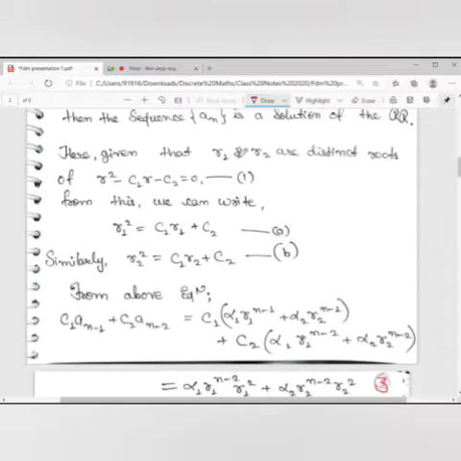Given that r1 and r2 are distinct roots of r^2 - c1 r - c2 = 0, it is given in the question.